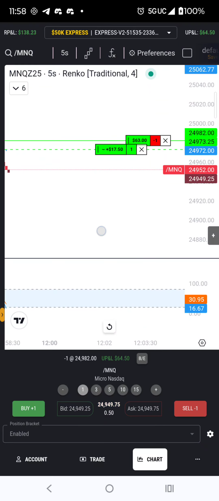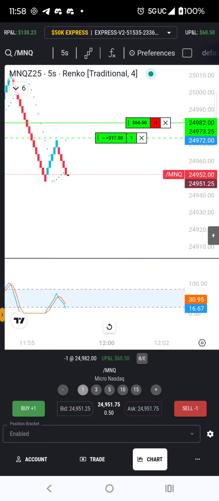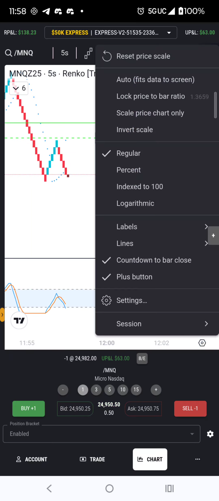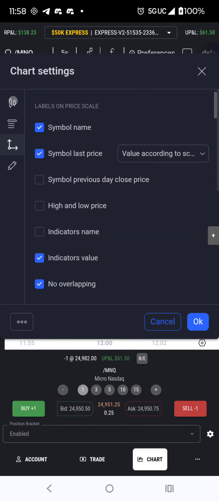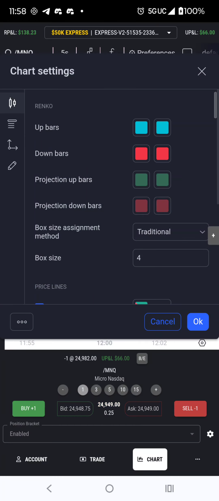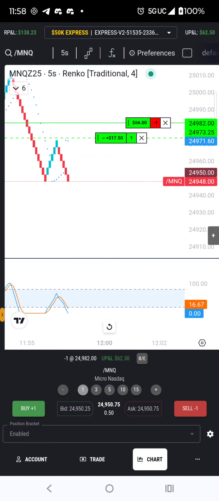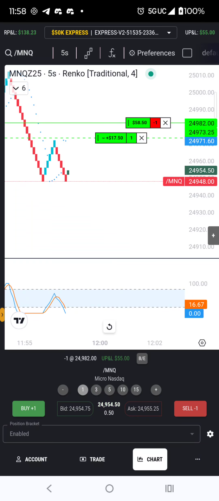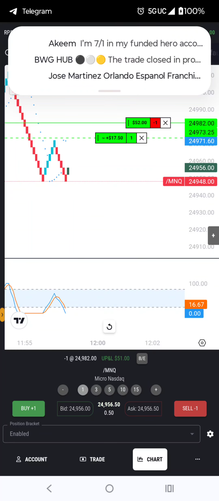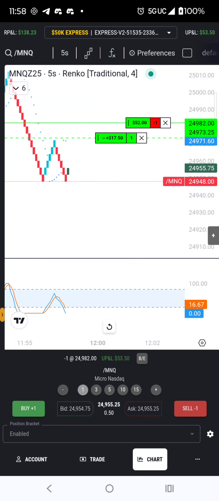Now these are wrinkle, and again 5 pips at a time, 5 ticks at a time. If you look at the settings, symbol 4. Here we go, 4 ticks at a time. So each one of these bricks is 4 ticks. And it's just pure market structure.